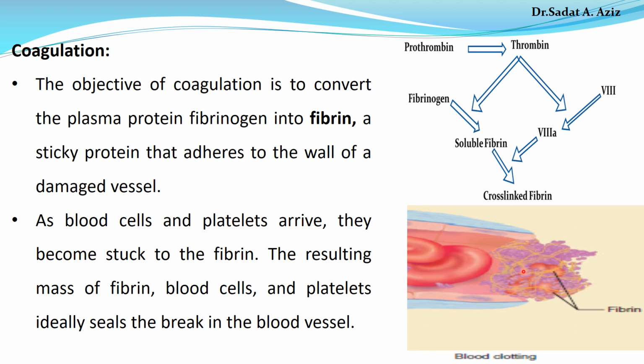So it can act as a net, or a fishing net, let us say. When the larger components, such as red blood cells and platelets, come to the site, they become stuck to the fibrin and trapped within the cross-linked fibrin, and the resulting mass of fibrin, blood cells, and platelets ideally seals the break in the blood vessel.